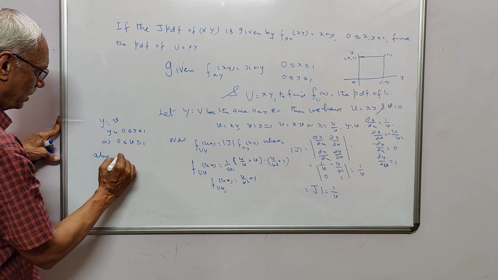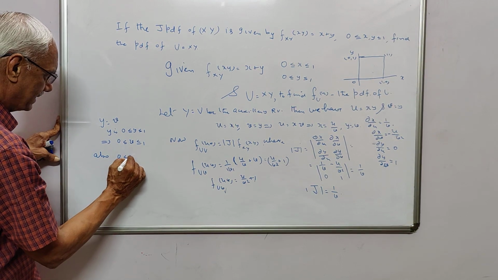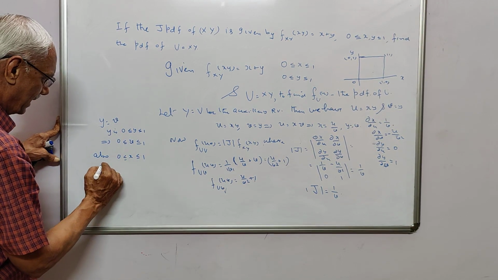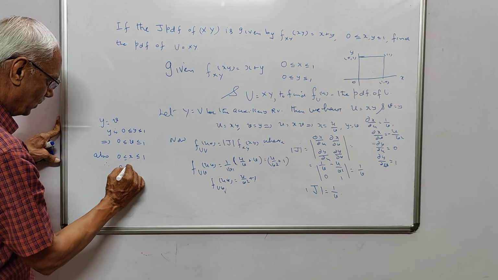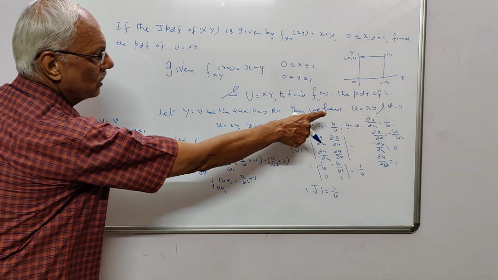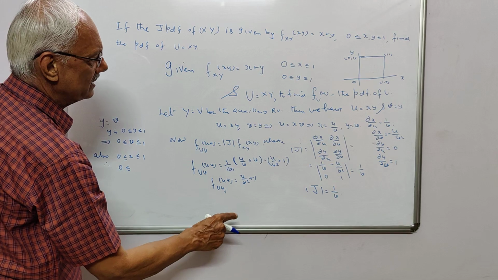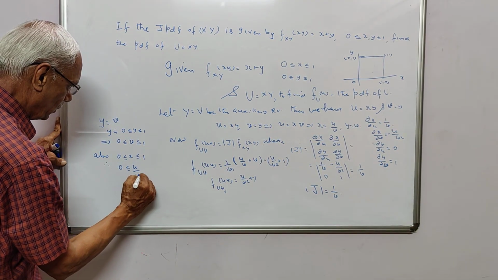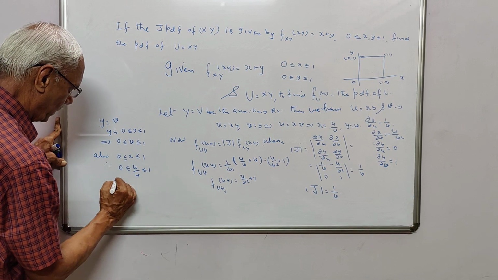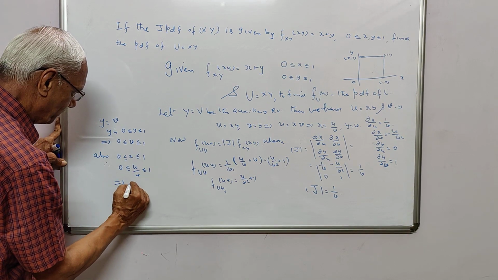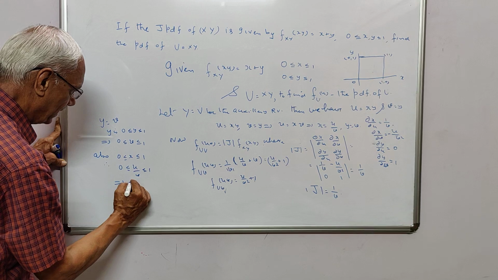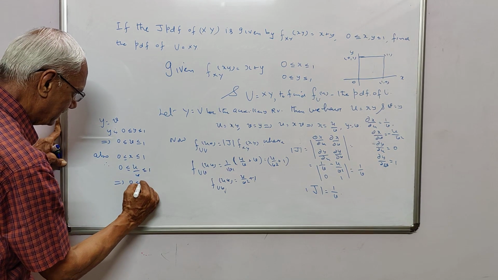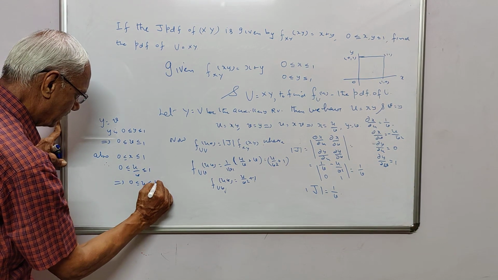Also 0 less than or equal to x less than or equal to 1, therefore your x is equal to u by v, so u by v is less than or equal to 1. This implies, multiplying throughout by v, 0 less than or equal to u less than or equal to v.